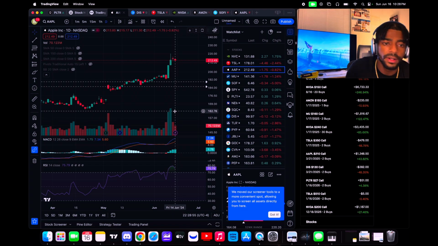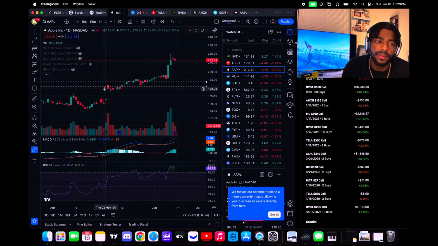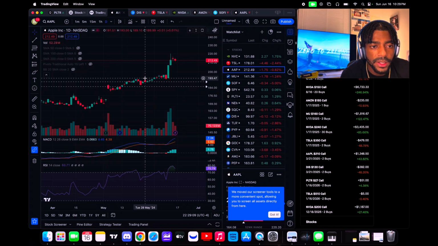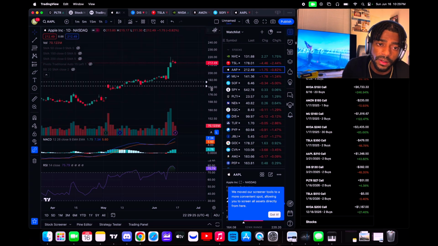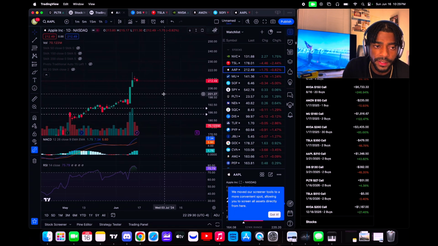Off of that release, Apple gapped up right here, and ever since they released that they're gonna be implementing more AI into their products, they have been trending up because there's a lot more growth potential since they're implementing the AI into phones, into the laptops, into the iPads, and all things like that. So my price target for Apple is around $250, and that's just based off of other research that I've done.